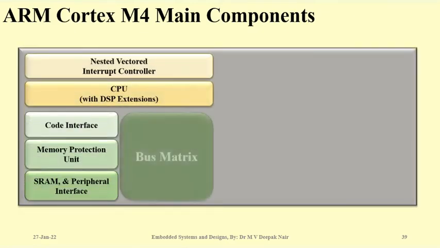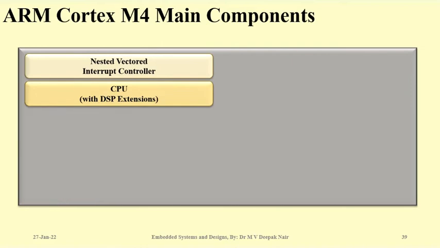Okay. So what are the important things inside any ARM Cortex M4? ARM Cortex M4 has its own NVIC. It is called NVIC, a very important unit. Nested vectored interrupt controller. Nested means a system or a loop which can be generated within a function, so a nested function kind of thing.